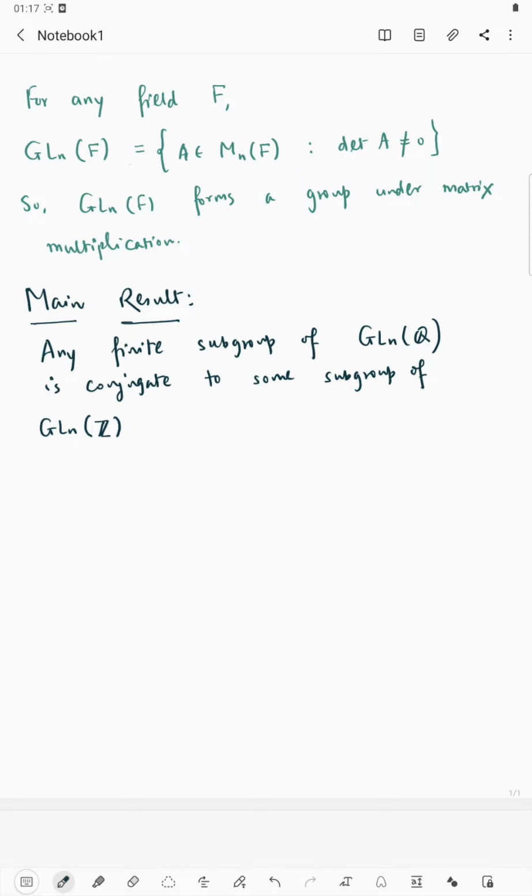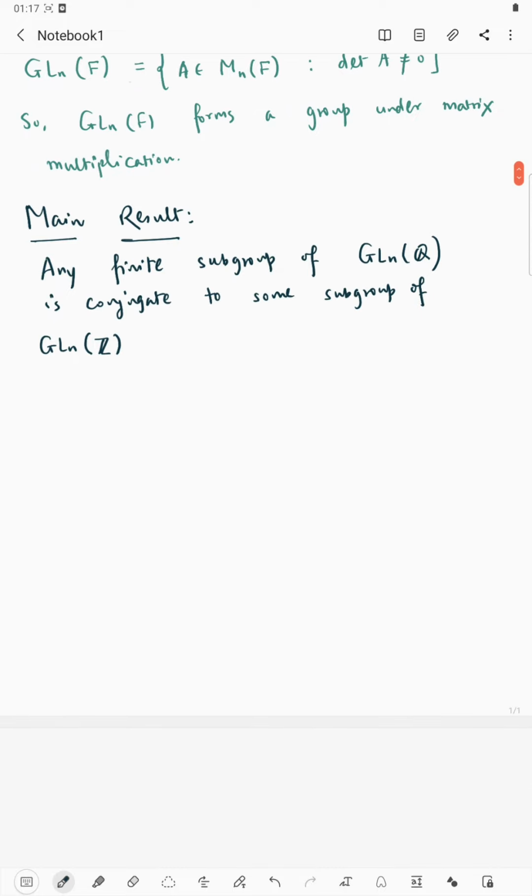To prove this result, we will need some definitions regarding lattices and all that.